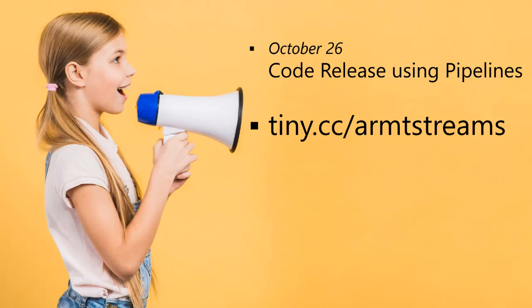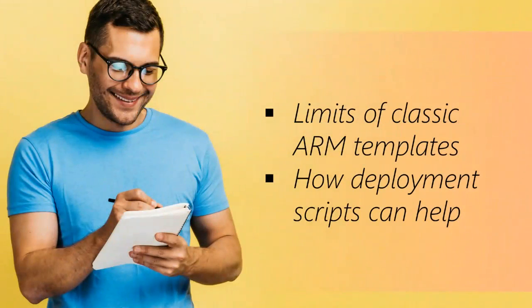All right, so what's on the agenda today? As I mentioned, we talk about deployment scripts, and we want to understand why those are needed. And for that, we will quickly dive into the limitations or the shortcomings of classic ARM templates, because maybe you experienced yourself already that you cannot do everything using ARM templates.